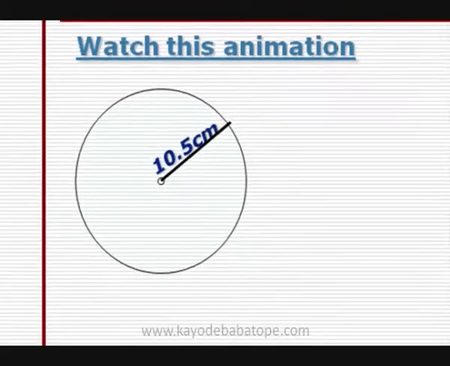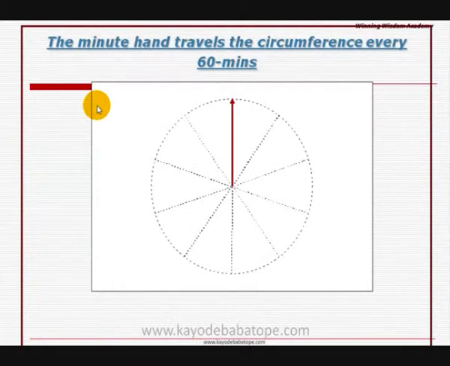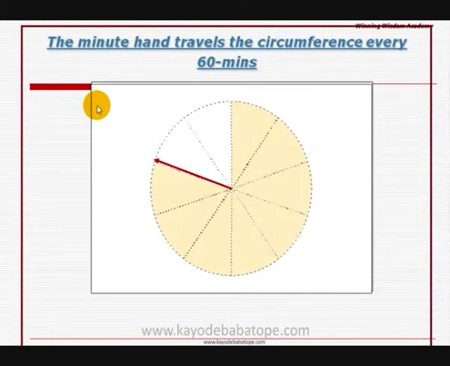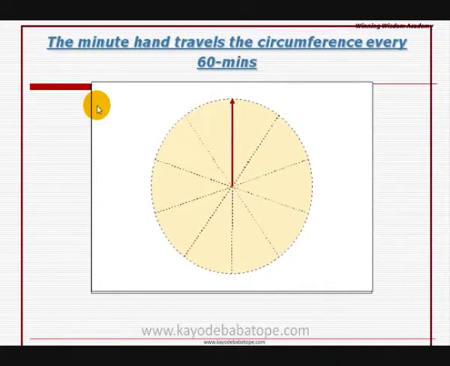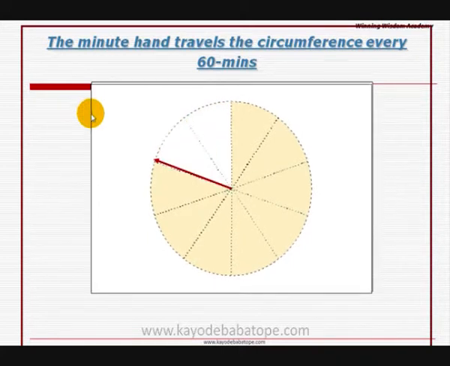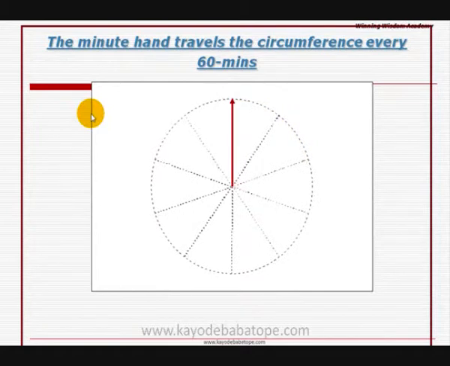Now, watch this animation. This is the minute hand moving, and by the time it gets here, it's been 60 minutes. You see, every 60 minutes it makes a complete revolution.